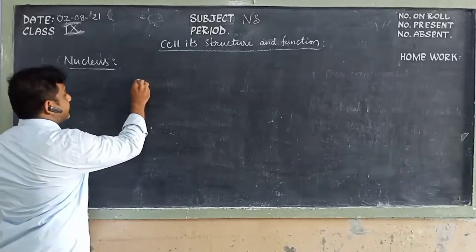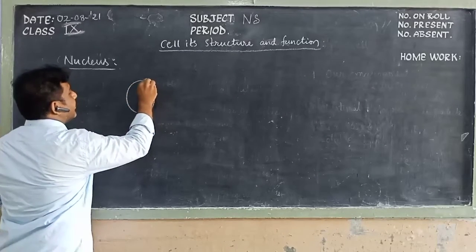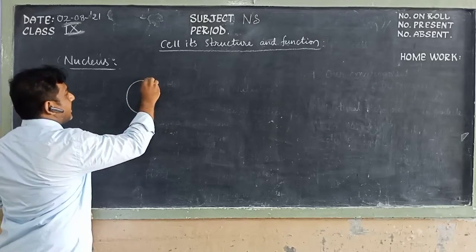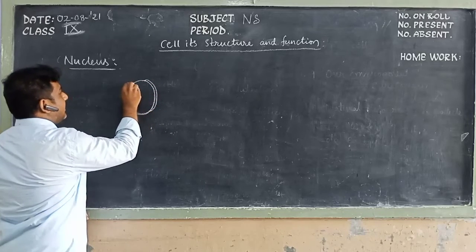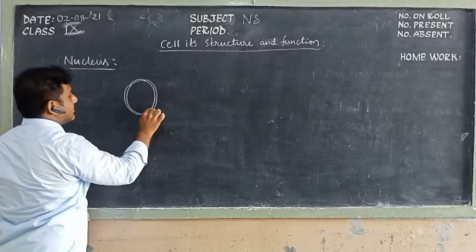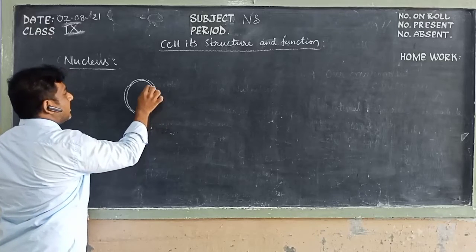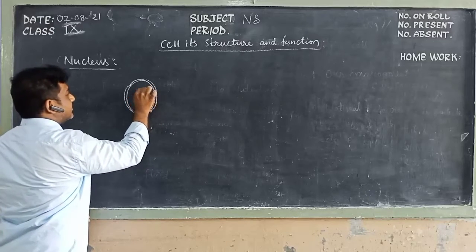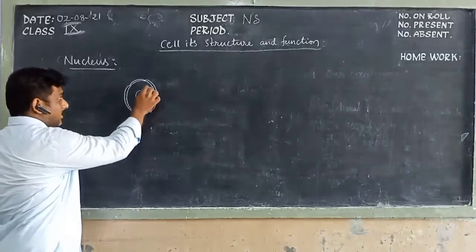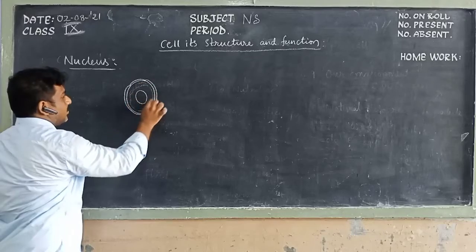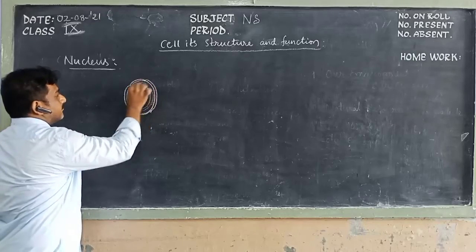The nucleus is an oval-shaped body which has an envelope. Like the cell, it also has small pores, and inside it contains a space called the nucleolus. Around the nucleolus it contains nuclear fluid.